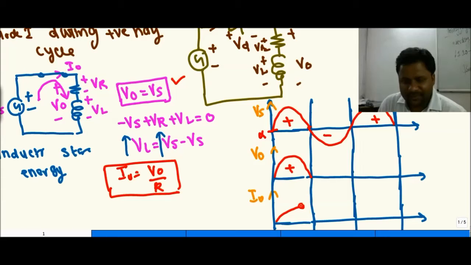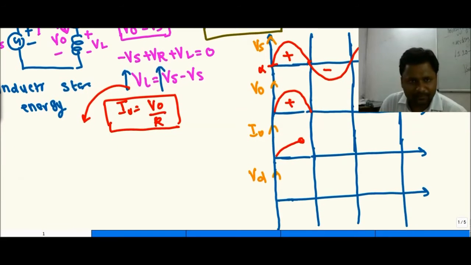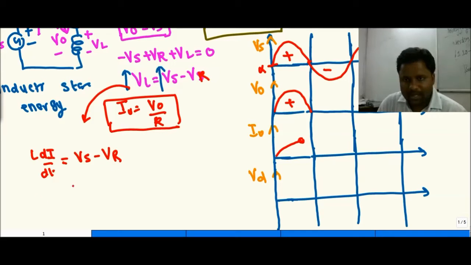At this point, L di by dt equals Vs minus Vr.